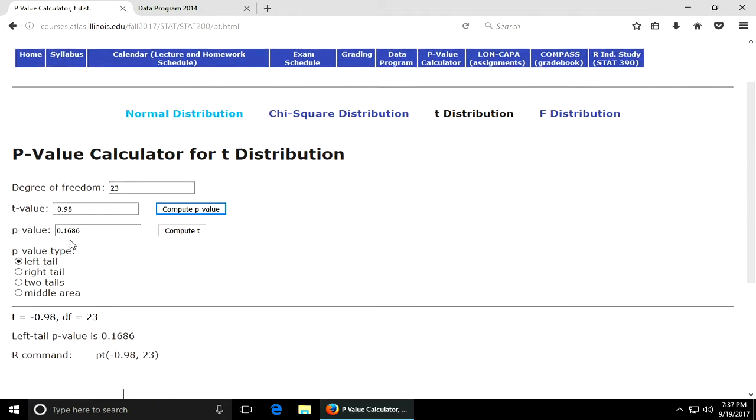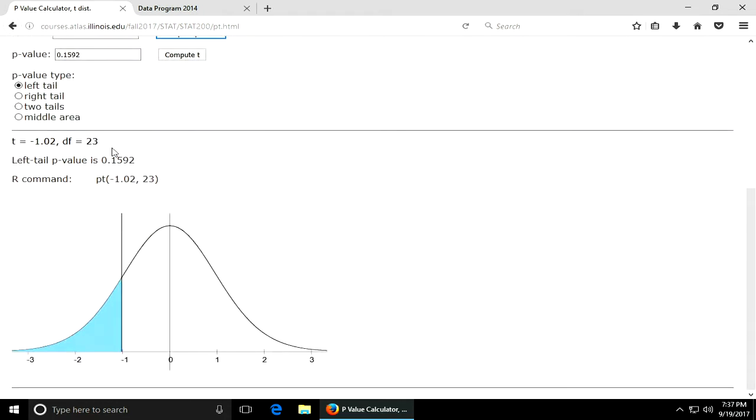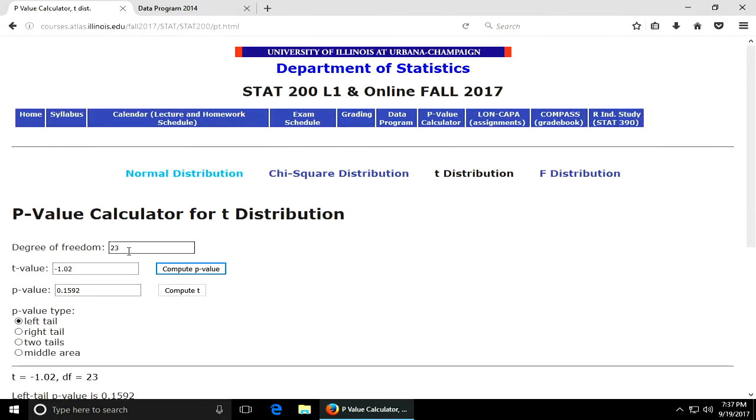And it would be bigger even if we use the same standard error for both. So let's put in negative 1.02. When we compute the p-value, it's still bigger: 15.92% instead of 15.39. And it would be dramatically different if this was a smaller sample size.